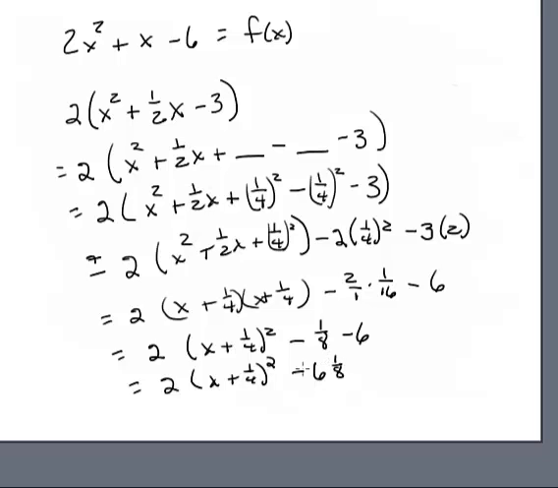So now, if I'm looking for the vertex, my vertex is the opposite, remember? So it's negative 1/4, negative 6 1/8. So if I was going to graph that over here, negative 1/4 and negative 6 1/8 would be down here somewhere.